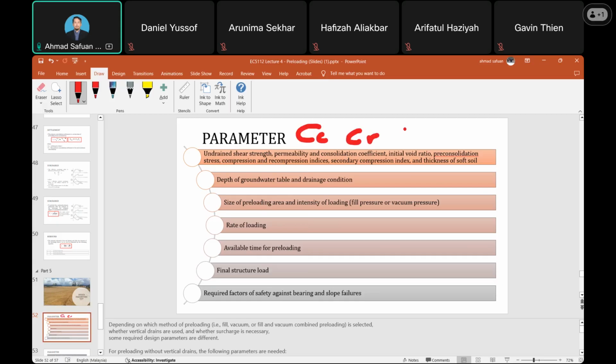Secondary compression index, C alpha, and the thickness of the soft soil. So that is the first parameter group that we need to get.